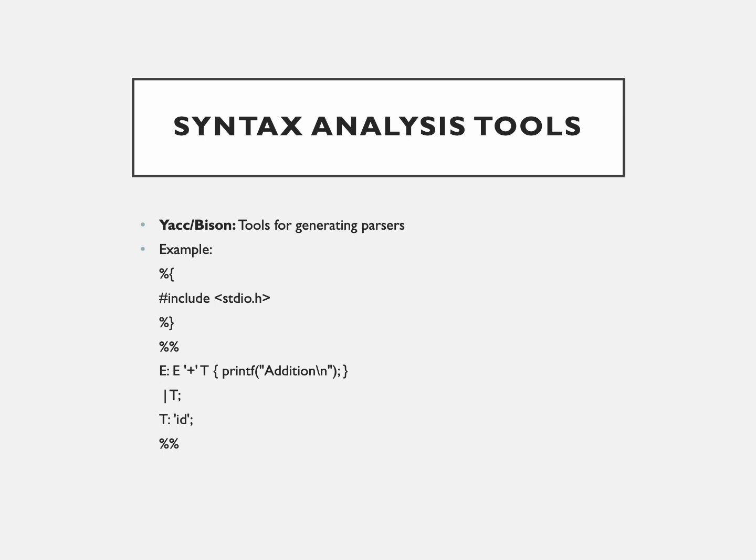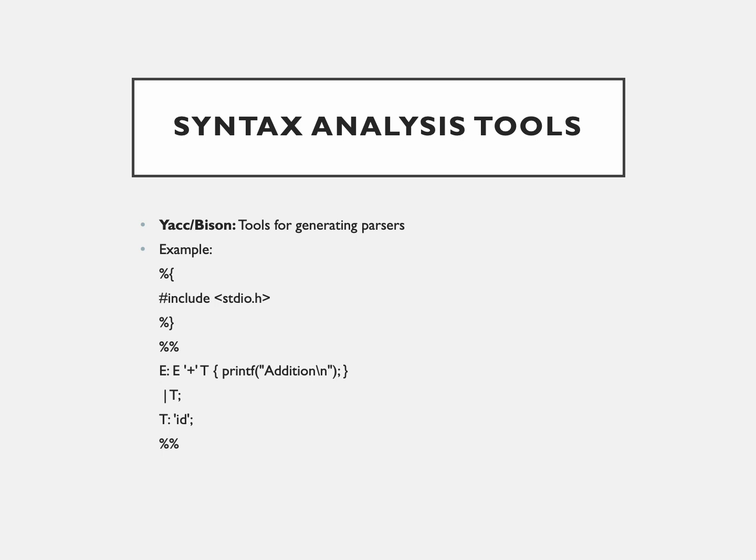Now here is an example of a Bison program for recognizing simple arithmetic expressions. Here we have a grammar rule. We have a definition section first where we have the required headers, stdio for output. The next section is the rules section, which contains grammar rules.